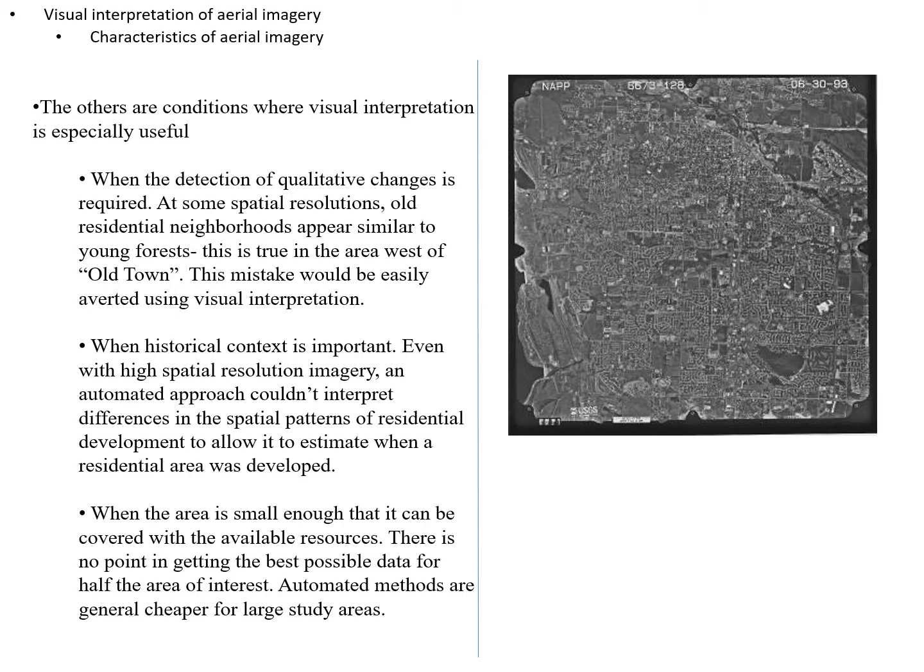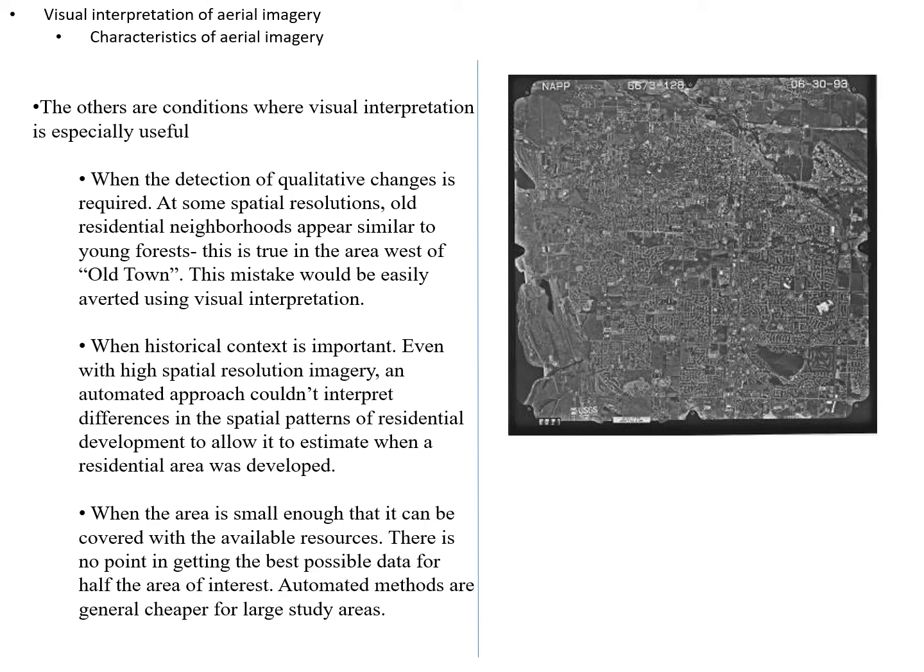When historic context is important, even with high spatial resolution imagery, automated approaches can't interpret differences in the spatial pattern of residential development in such a way to allow you to estimate when a residential area was developed. I'm thinking particularly in the United States, you can tell pre-war versus post-war residential building, I'm sorry, pre-World War II, post-World War II.